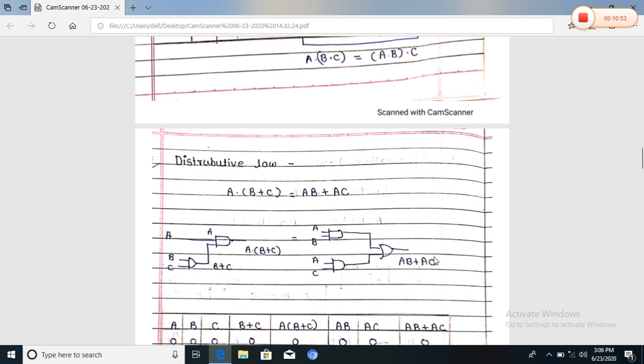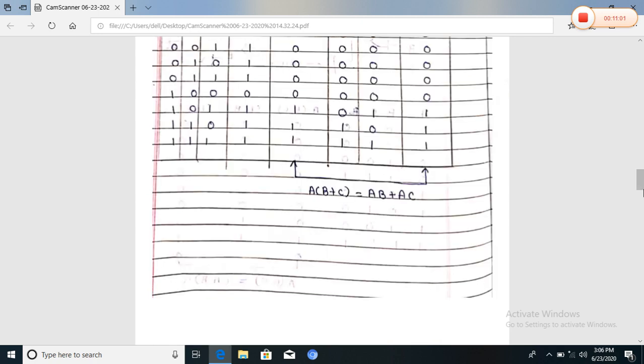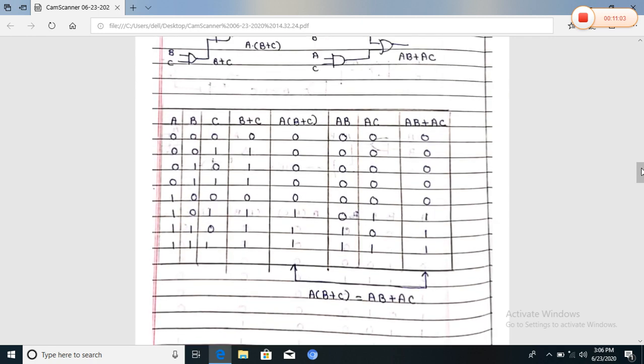This is the distributive law shown diagrammatically. It can also be verified by truth table. There are three inputs, so the possibilities in the truth table are 8 conditions. In the truth table, A into B plus C is the same as AB plus AC.